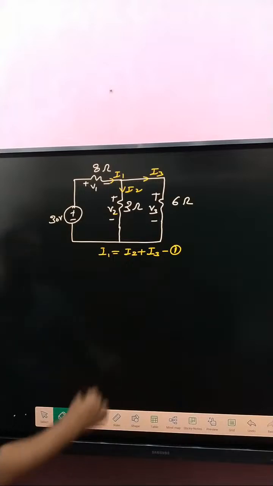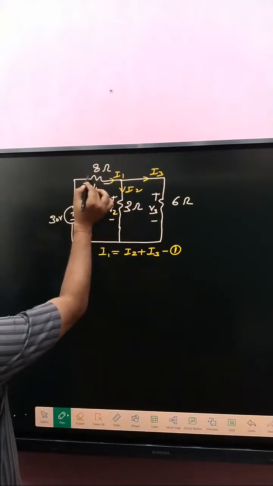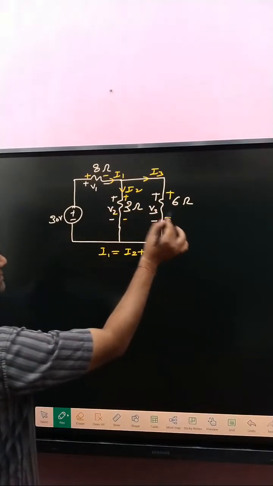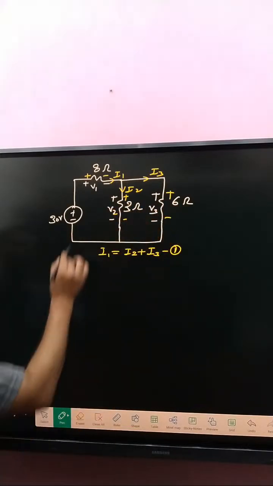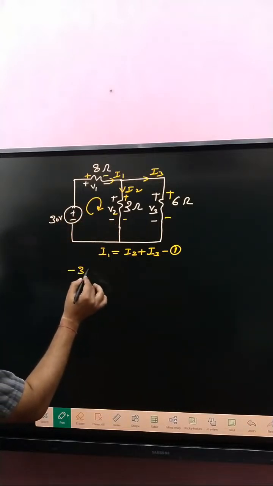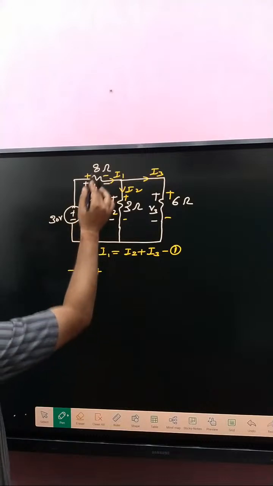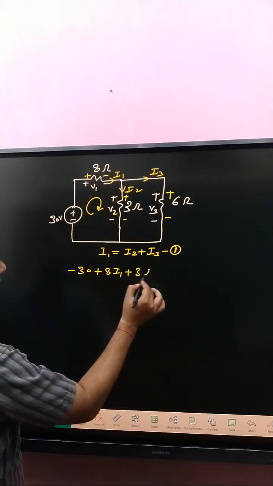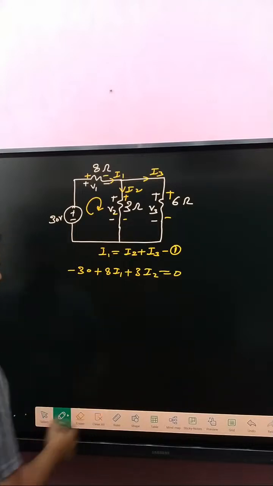After that, mark polarities according to current entering. Apply KVL in this loop. Minus to plus, minus 30 plus 8 into I1 plus 3 into I2 is equal to 0.